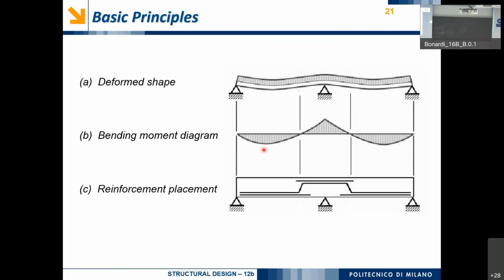So there is this strange path that should be followed by the reinforcement: at the bottom, in the spans, and at the top, in correspondence of the internal supports. What was usually done several years ago was that they used bent reinforcement bars.